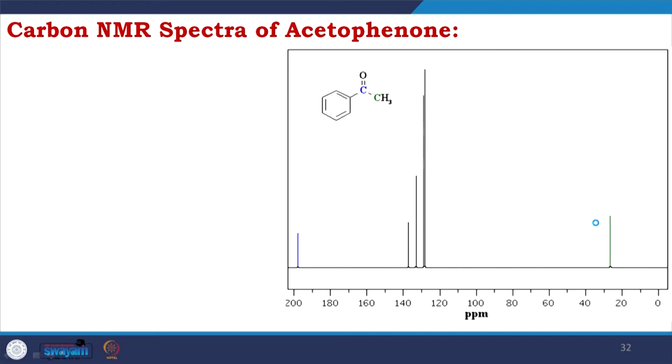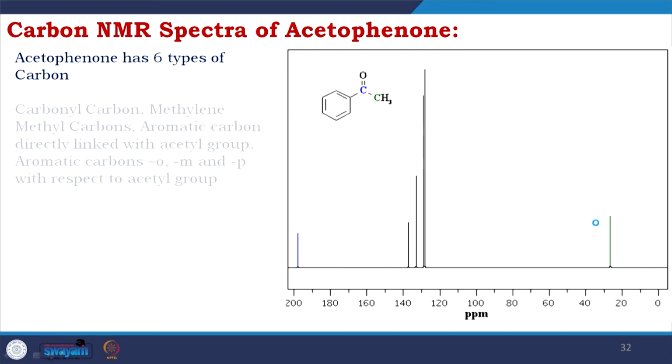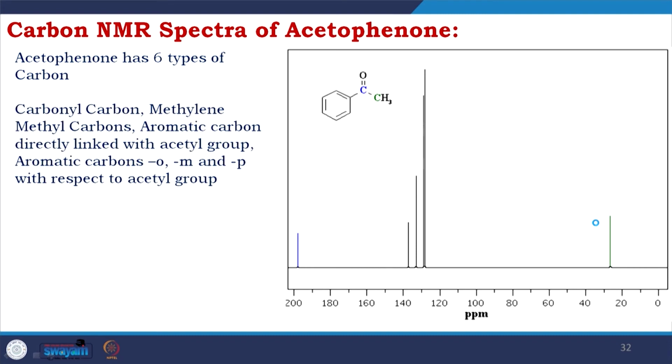Now, a benzene ring with acetophenone, you will see that here acetophenone has 6 types of carbon. So, 1 type, 2 type and then connected types. Carbonyl carbon, methyl carbon, the aromatic carbon directly linked with the acetyl group, and aromatic carbons ortho, meta and para.